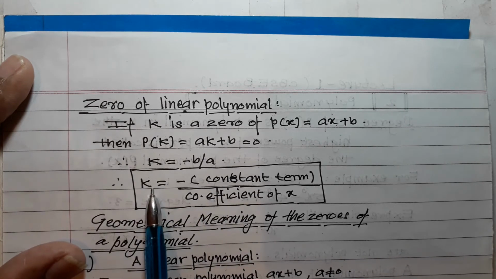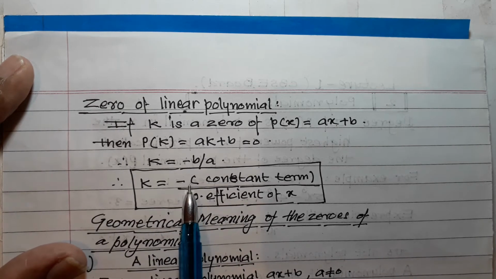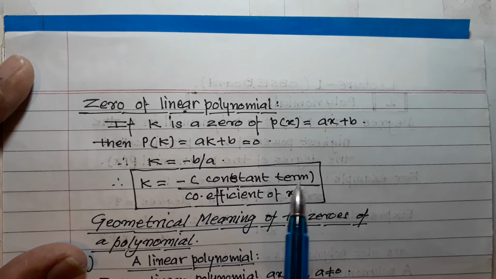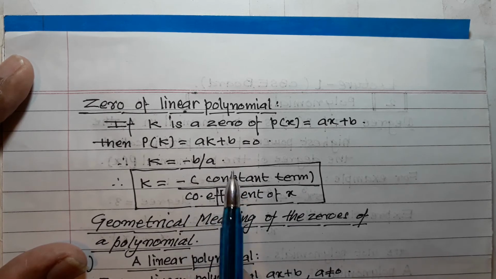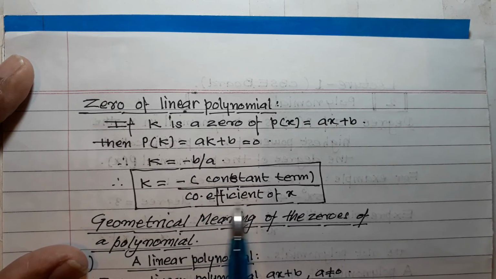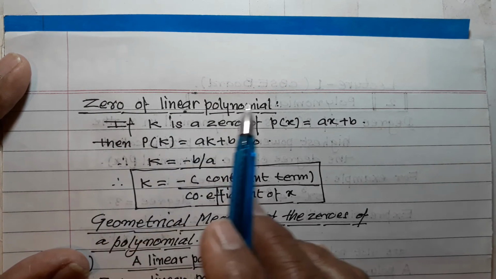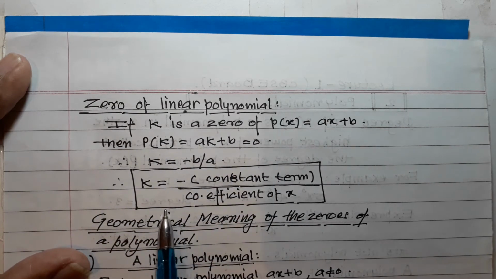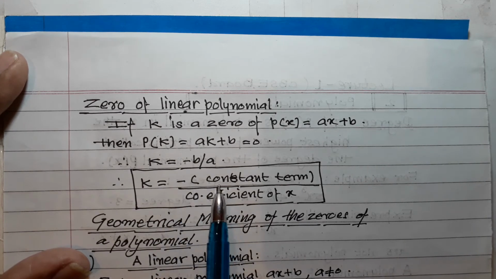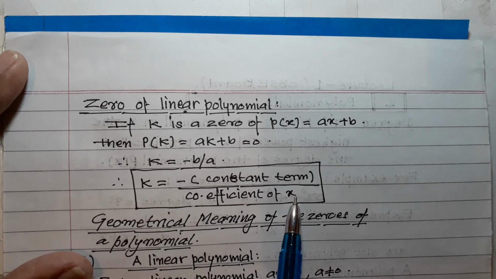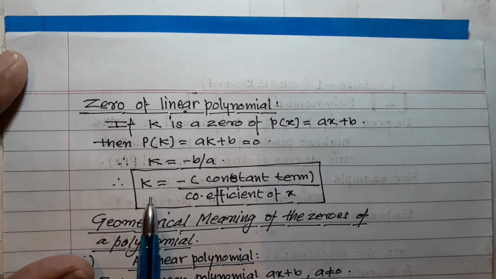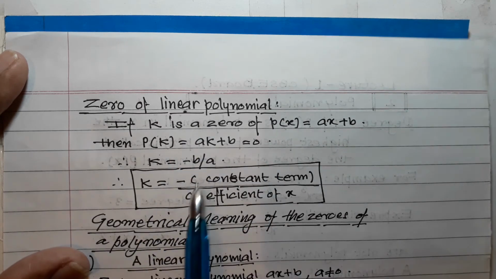So k is equal to minus the constant term upon the coefficient of x. So the zero of a linear polynomial is equal to minus constant term upon coefficient of x. This you remember.